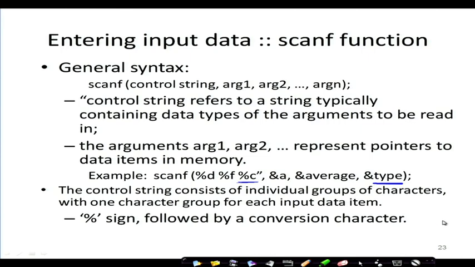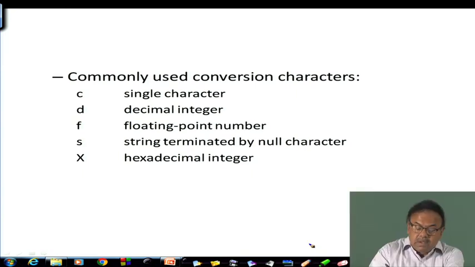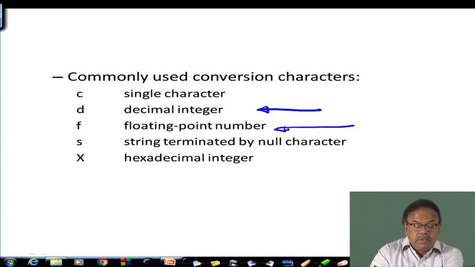The percentage sign means it is a conversion character. The commonly used conversion characters, we have already seen some of them. These are known to us. %d is for decimal or integers, %f for floating point numbers, %c for a single character, %s for a string.